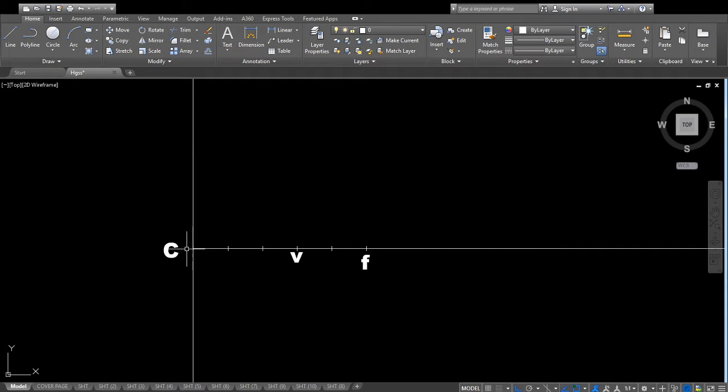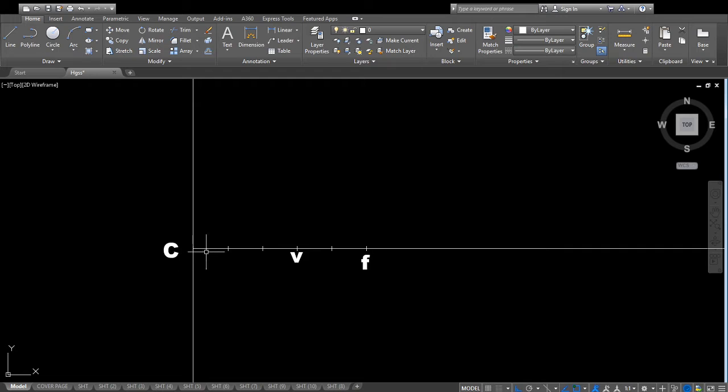That means we divide the space from point C, which is on the directrix, to point F, which is the focus, into 5 equal parts. If the ratio is 2 over 4, it means you will be dividing it into 6 equal parts. If the ratio is 3 over 4, you divide it into 7 equal parts. You add the ratio, then divide the space into that equal number of parts.